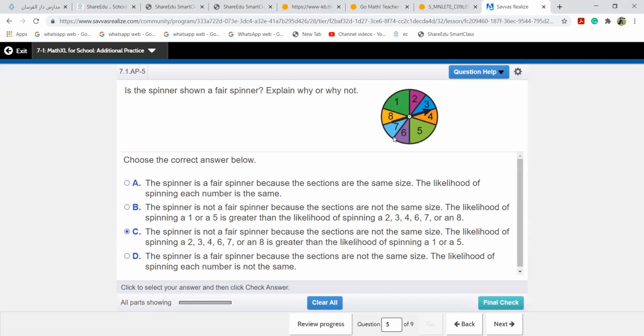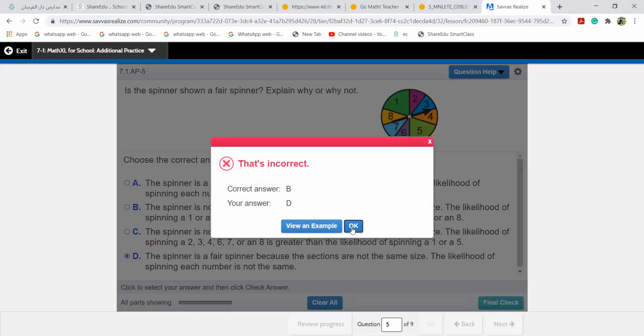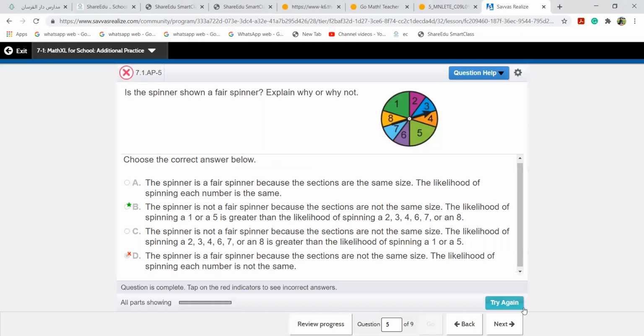Are the sections the same size, girls? No, they are not the same size. The correct answer is B. It's not a fair spinner because they are not the same size.